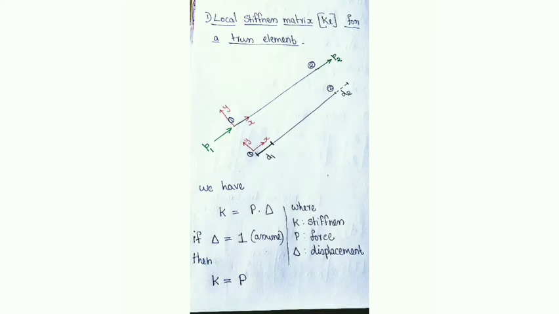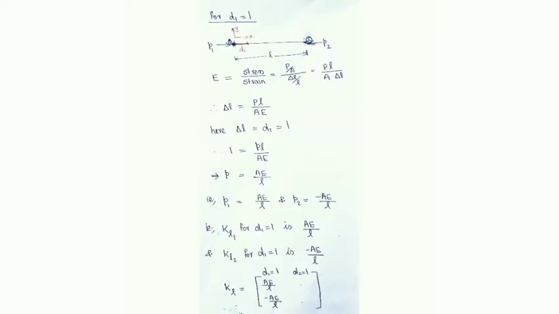Here the displacements we considered are d1 and d2. Okay, let us equate to 1 and derive the stiffness K. That is, K will be equal to the force acting in the member when displacement equals 1. Okay, let us first assume displacement d1 equal to 1. For d1 displacement to occur, P1 will be acting rightwards at node 1.